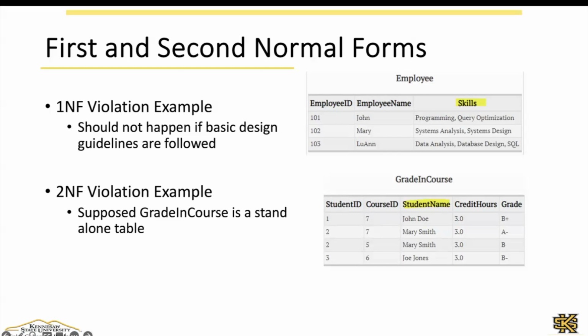Also, remove the student's name from the grade in course table and store it in the student table. So you would repeat this process for all violations in the table to ensure it is in the second normal form.